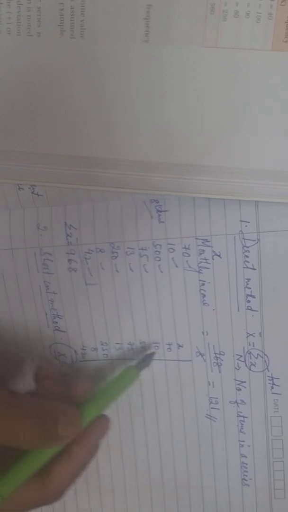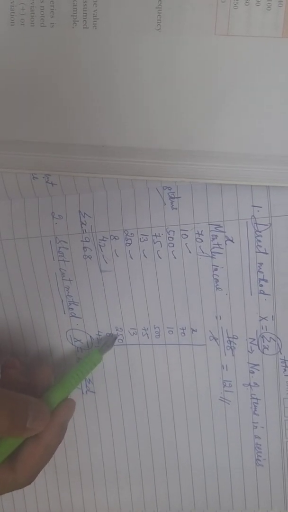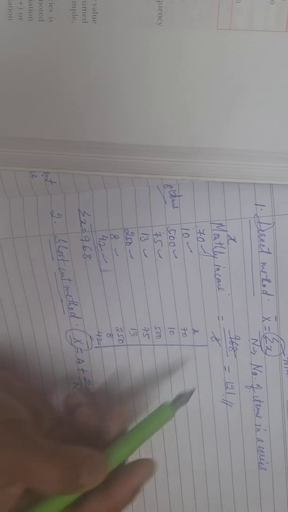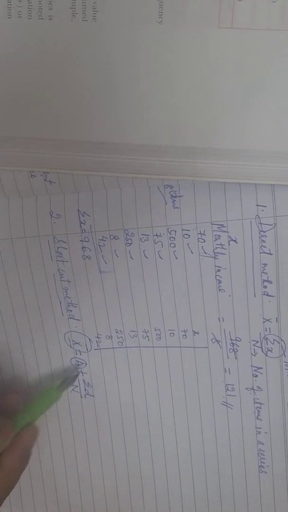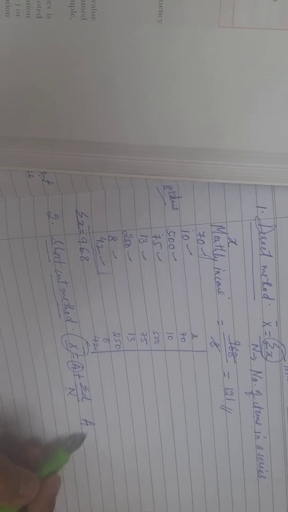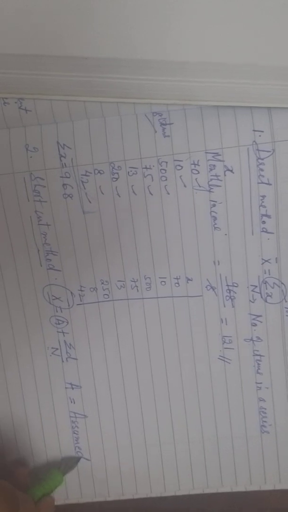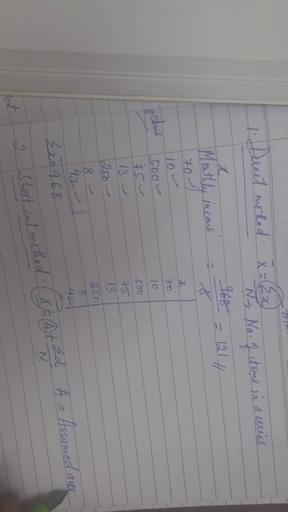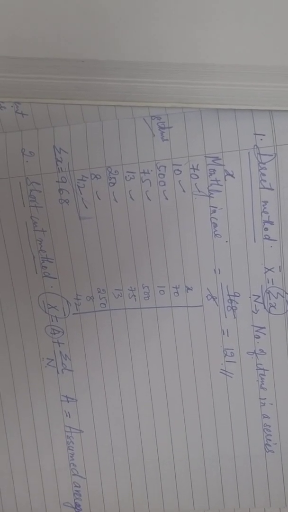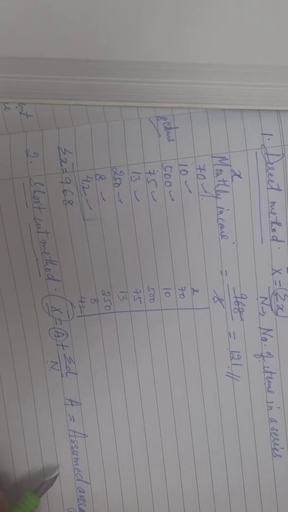N is again the number of items in a series, which is 8. Now see here, what is this A? A is assumed average. We have to assume it. A stands for assumed average.